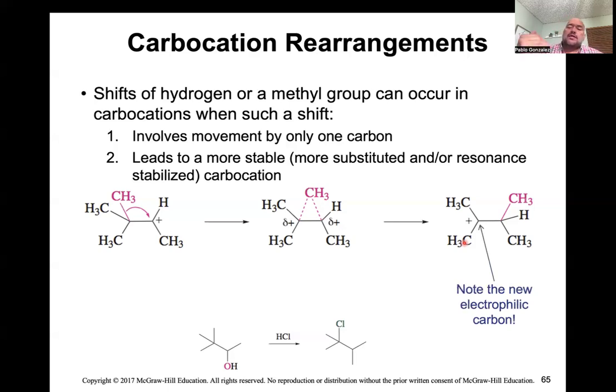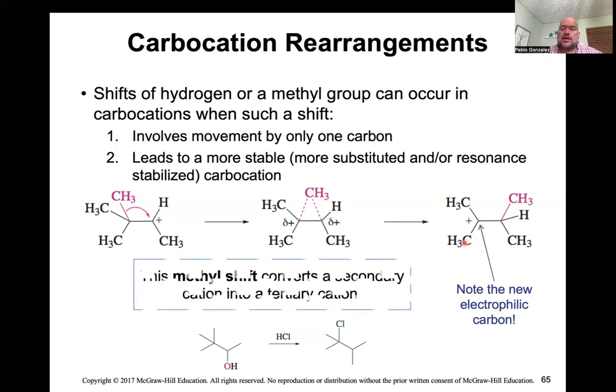And that's why the chloride can now attack on that carbon. And that's the explanation of why we have this unexpected product, okay? This methyl shift converts a secondary cation into a tertiary cation. And that's the reaction that we had before, okay? And that's the explanation of why, instead of substituting this one in here, we have it in here.